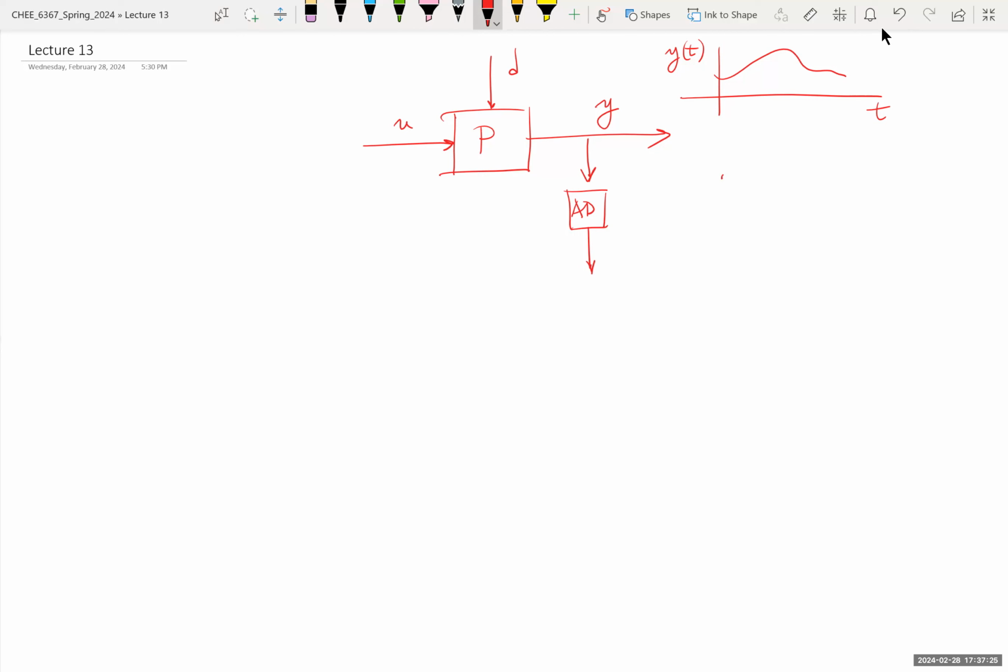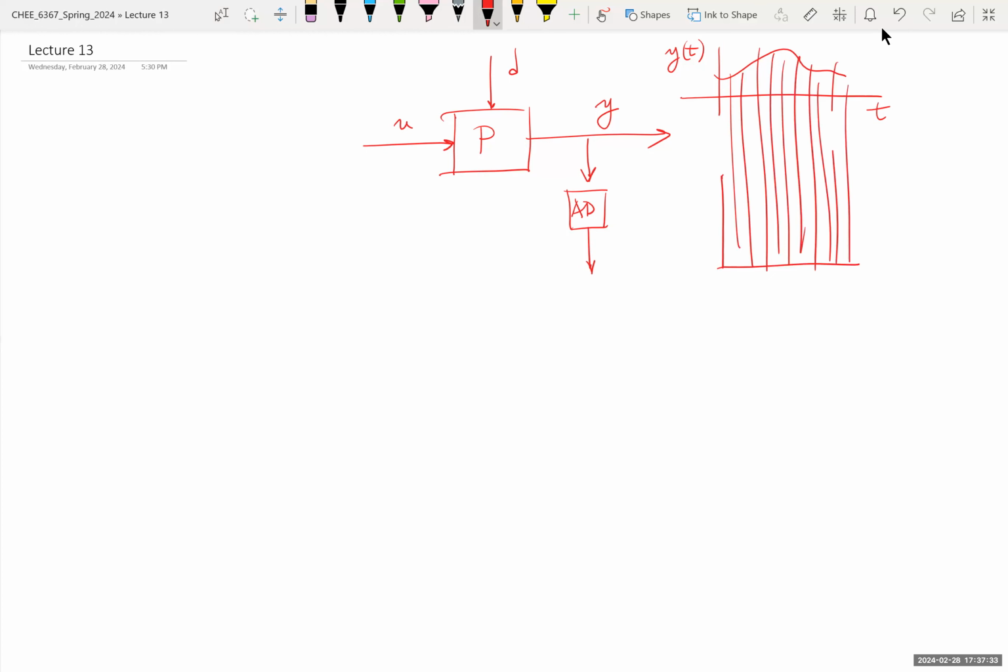The digital signal is just like the one above it, except we only look at specific values over time, something like this. So this is y at times tk, or just yk. And this may be t0, t1, t2. That's why we say discrete time, because we look at discrete points. Those are distinct points.